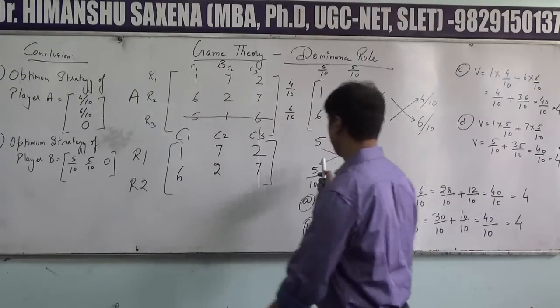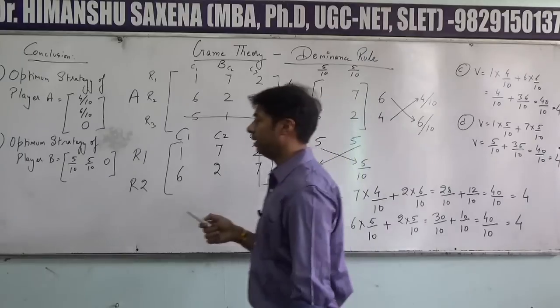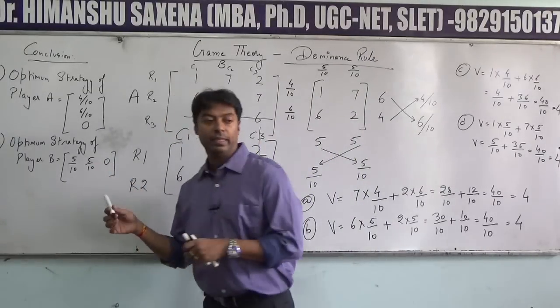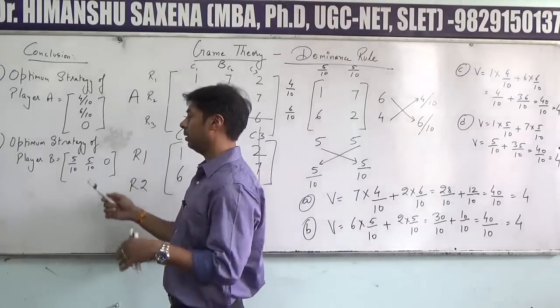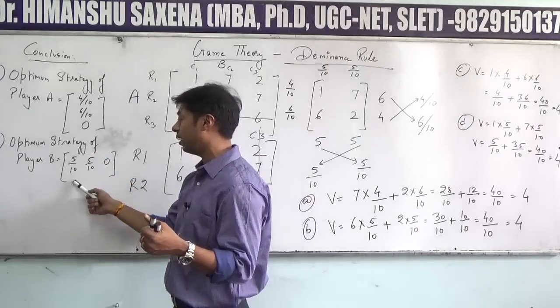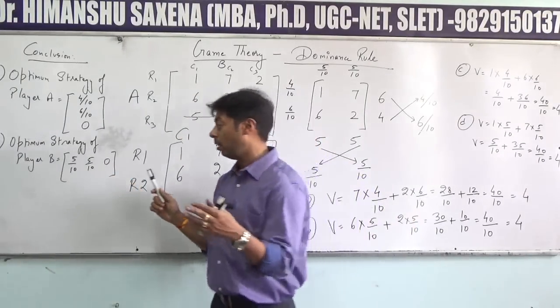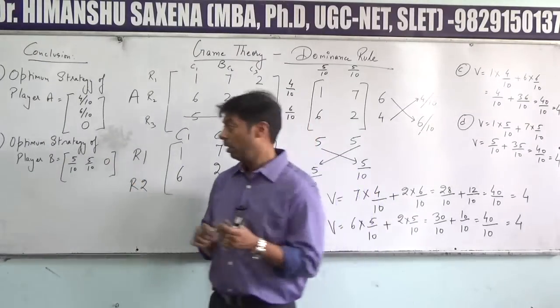The first column had a value of 5 by 10, the second column carries a fraction of 5 by 10. That means if player B needs to play this game and he needs to invest some of his capital, he is going to invest 50% of his amount in the first strategy, that is the first column, and 50% of his amount in the second column, so that his losses are minimum.